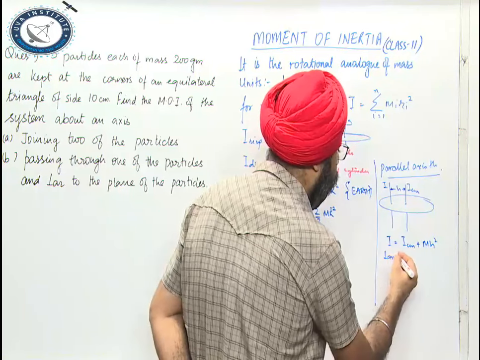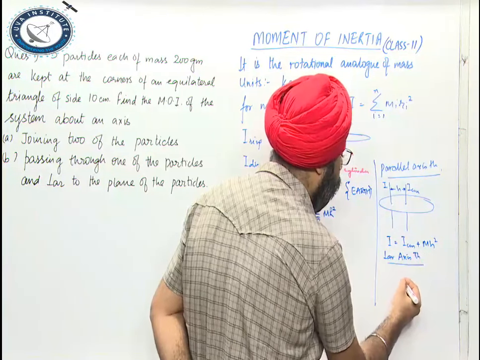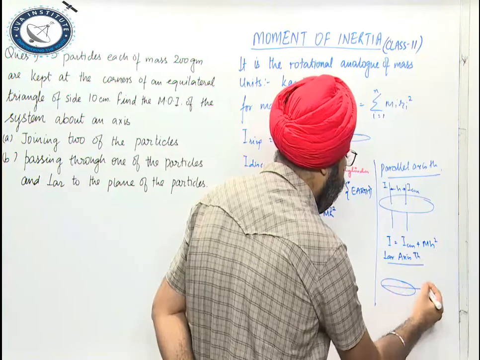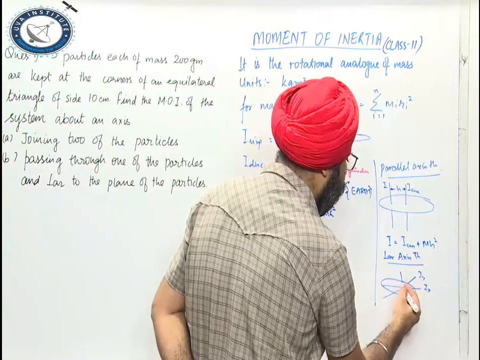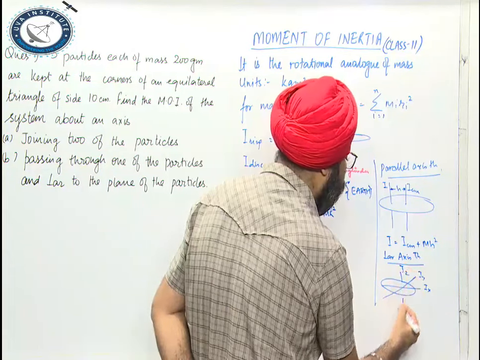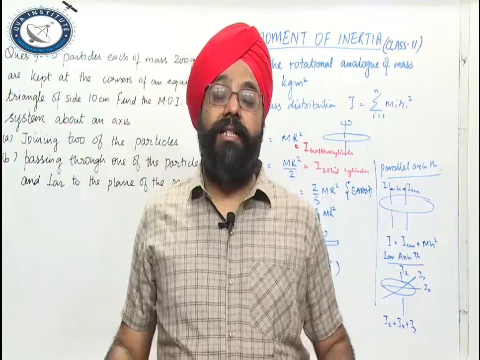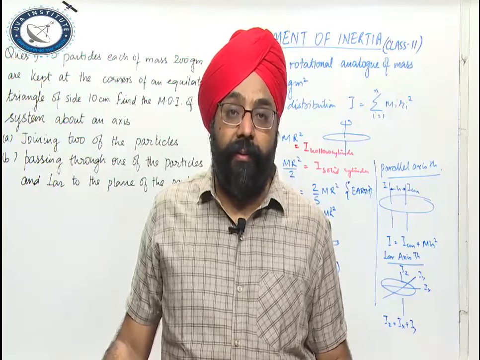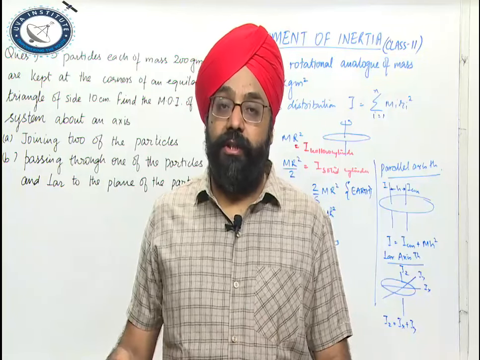And if we talk about the perpendicular axis theorem, it states that Ix plus Iy is equal to Iz. While applying this theorem, you have to keep one thing in mind: Ix and Iy are in the plane of the lamina and they are mutually perpendicular to each other.